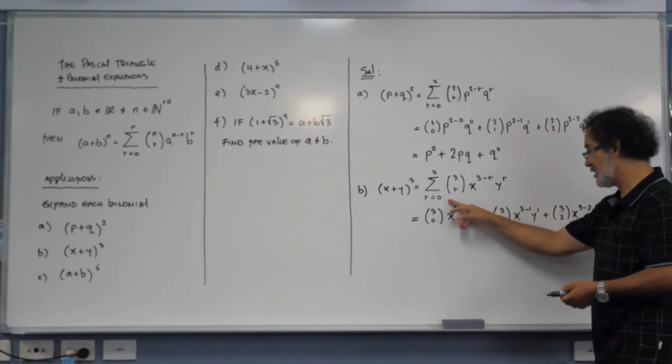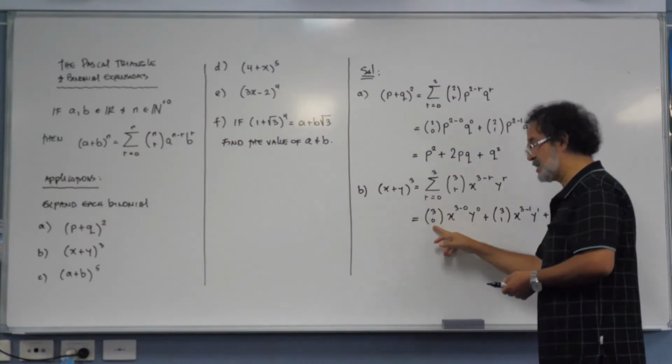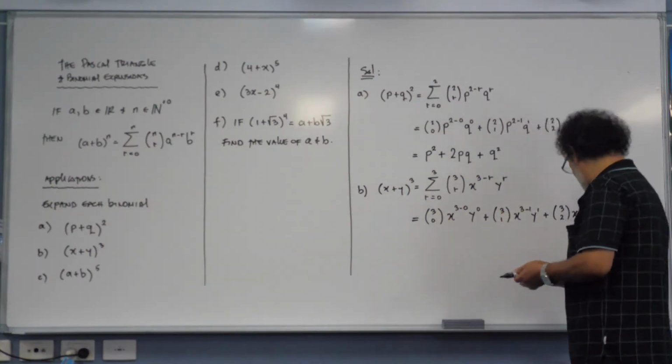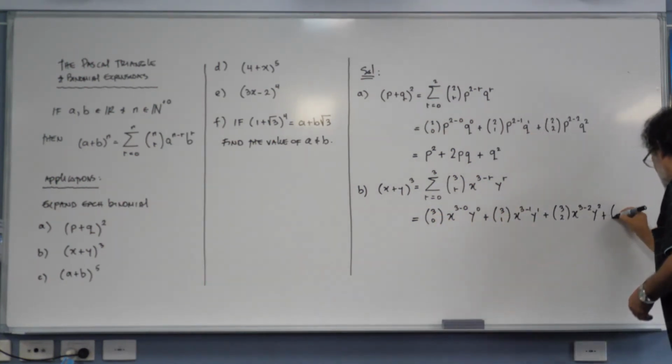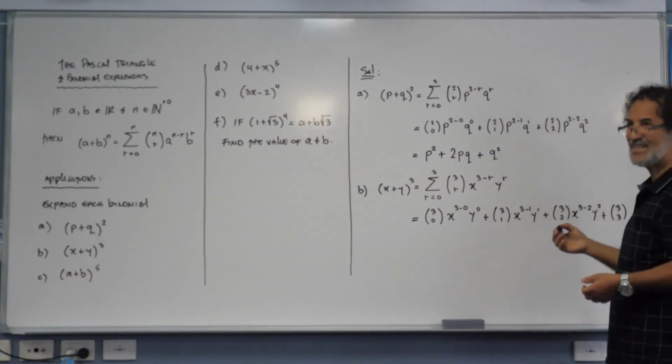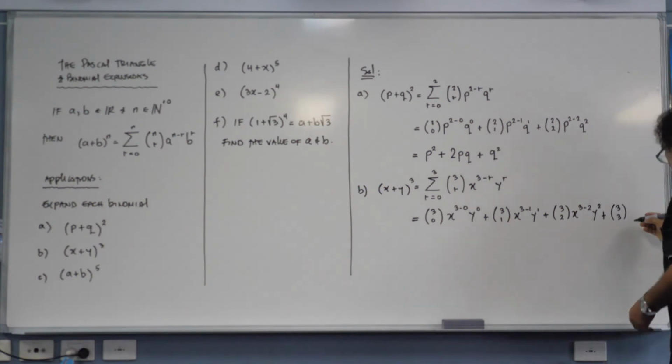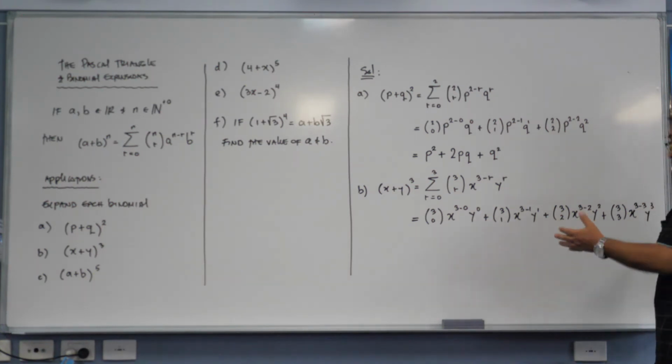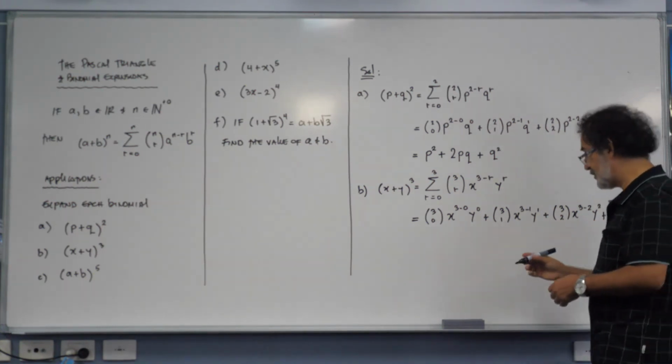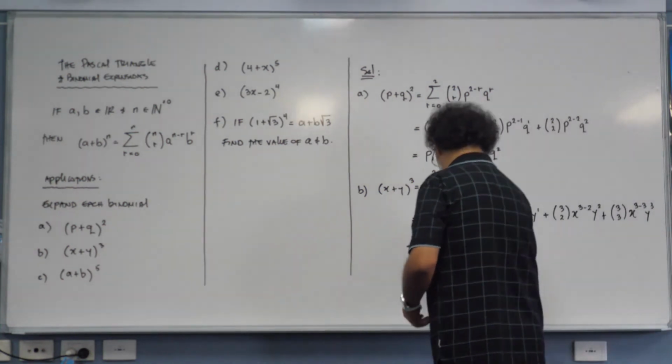Here we say 3 take 0, 3 take 1, and for the next one, 3 take 3, or 3C3. Ella, what should I put in here? x to the power of 3 minus 3, and y to the power of 3. Yeah, perfect. Okay, and then we're going to simplify each term. Let's see what happens.